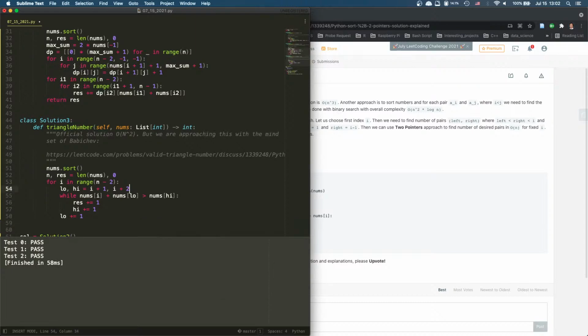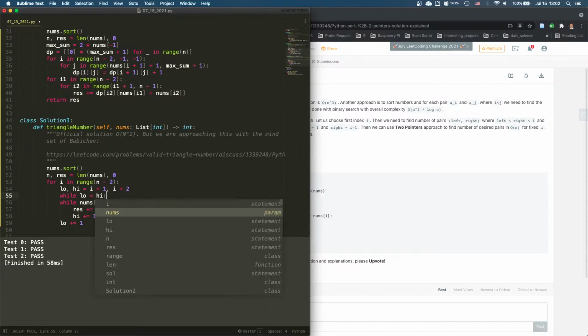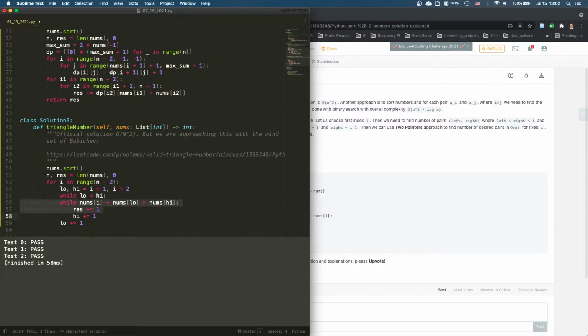And this will happen inside another loop called while low is smaller than high. Low must be smaller than high, and then it goes through this.